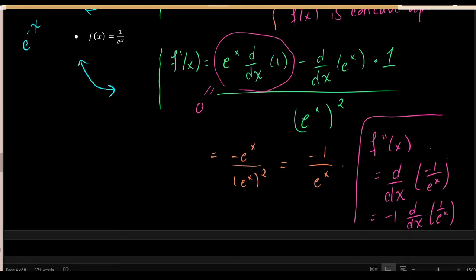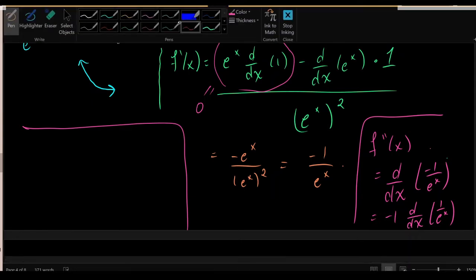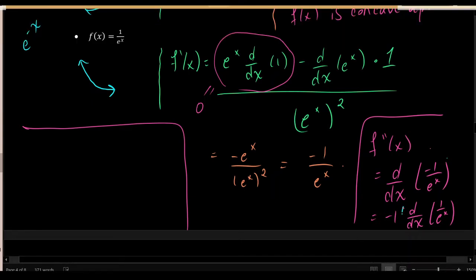So by constant multiple rule, you can pull that minus 1 out. Minus 1 times the derivative of 1 over e to the x, and we can use the fact that we already know that the derivative of 1 over e to the x is minus 1 over e to the x. We just finished calculating that.